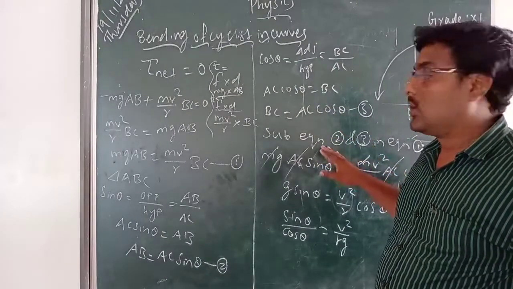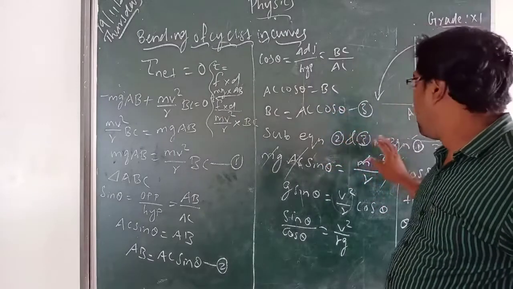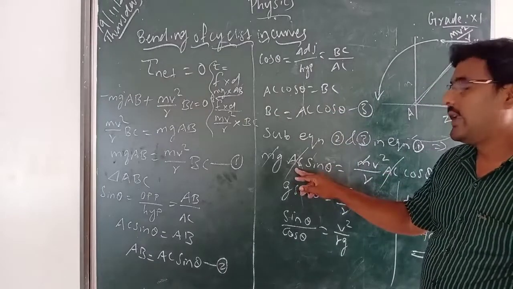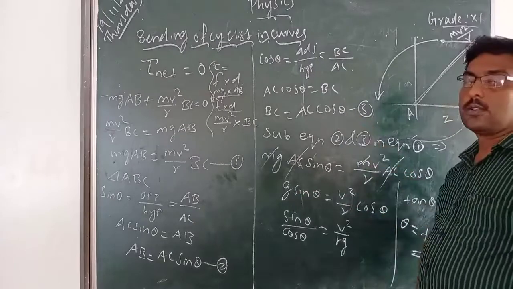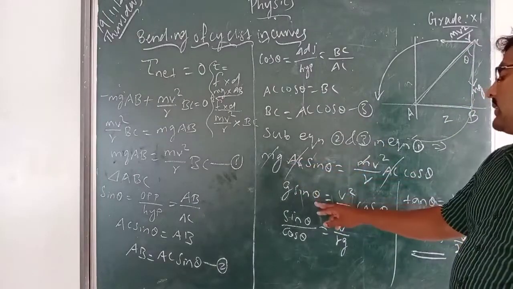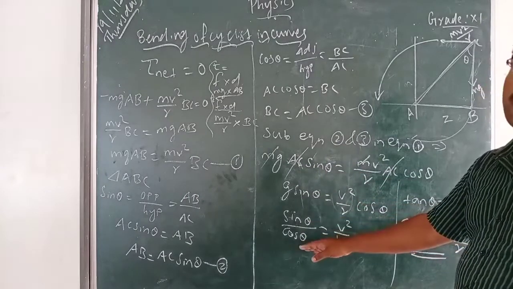Now substitute equations 2 and 3 in equation 1. AC cancels, remaining g sin theta equals v square by r cos theta.